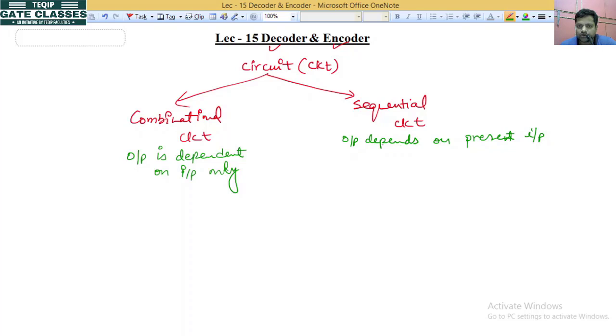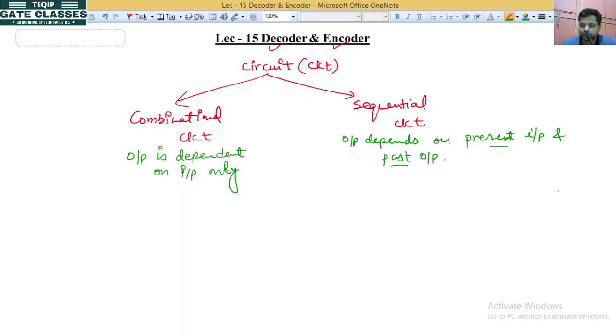So the output will depend on present input and past output, or you can say previous output. The outputs that have already come also affect the current output in a sequential circuit. But if you consider a combinational circuit, then the output is dependent on inputs only.